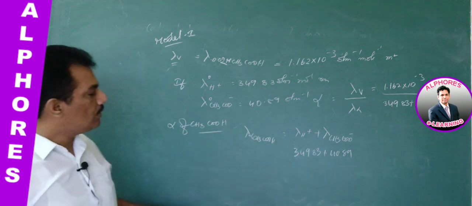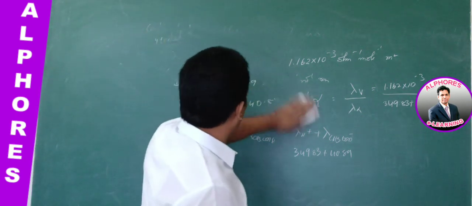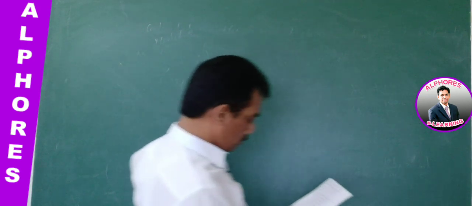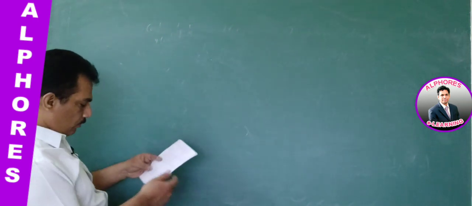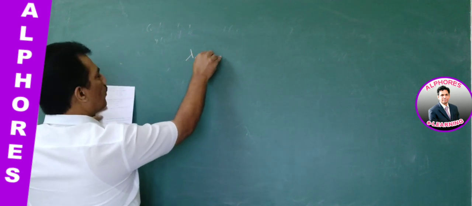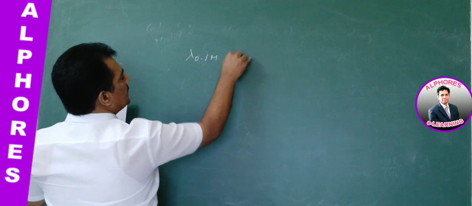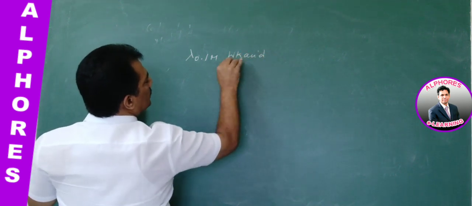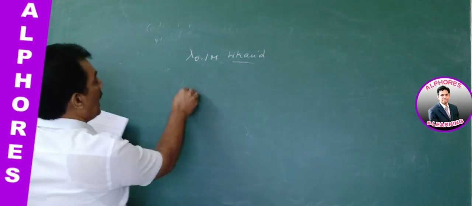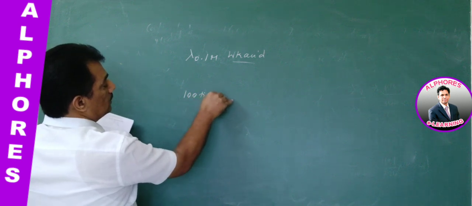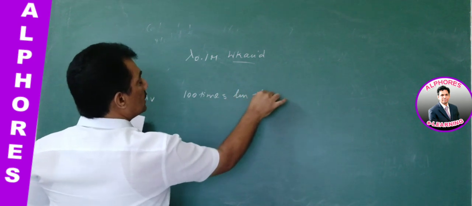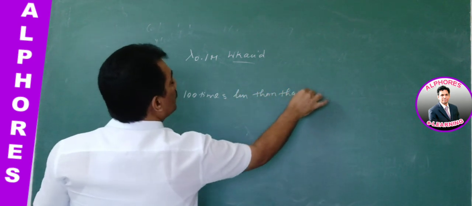Clear? And now let me provide you some numericals to solve on your own. Model 2. Here the model 2 problem is like this. The equivalent conductance of 0.1 molar weak acid is found to be 100 times less, that is, lambda V is 100 times less than that of lambda infinite.